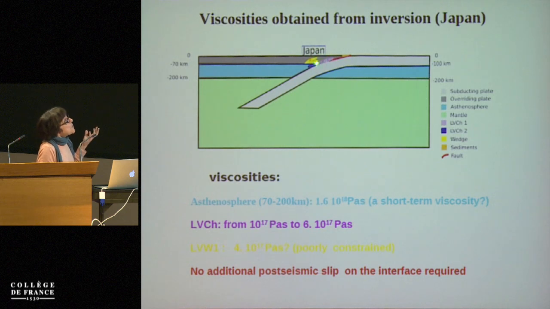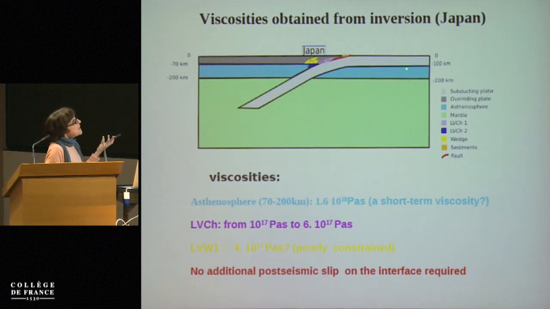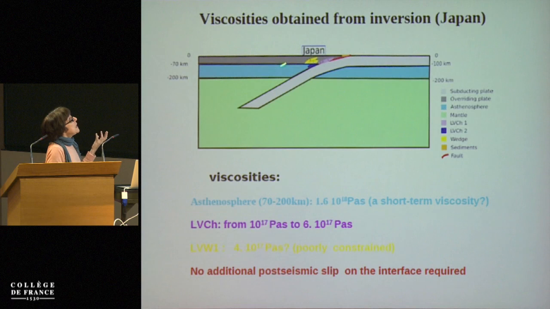And also perhaps we can have a low viscosity wedge below the volcanic arc. And the question that we have to answer is, what is the best viscosity to put in those various layers to get the best fit to the observed post-seismic data? And what can we resolve, in fact?